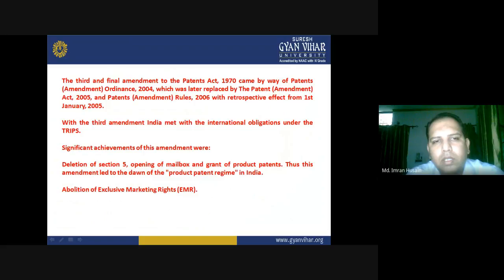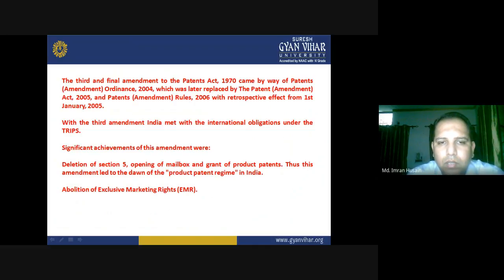The third and final amendment of the Patents Act 1970 came by way of the Patents Amendment Ordinance 2004, which was later replaced by the Patents Amendment Act 2005 and the Patents Amendment Rules 2006, with retrospective effect from 1st January 2005.